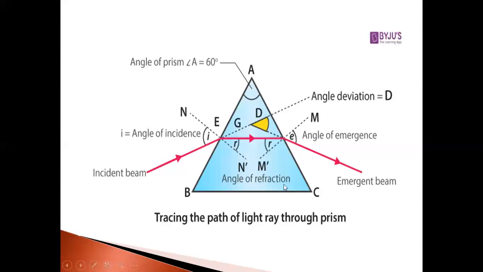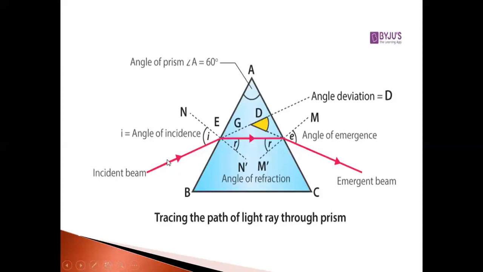This angle is of 60 degree, this angle is also of 60 degree, and this angle is also of 60 degree. This angle is called angle A and it is of 60 degree, angle of prism. This side is called base of the prism. Angle of prism is always opposite to the base of the prism.